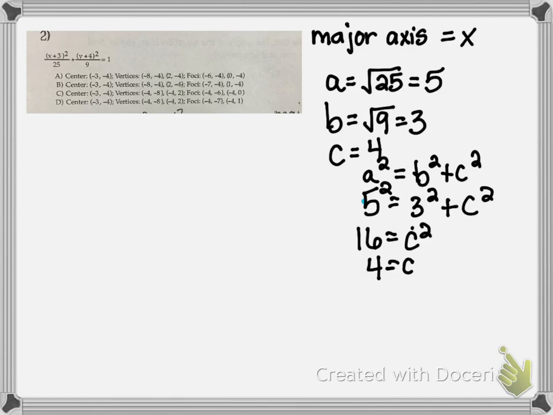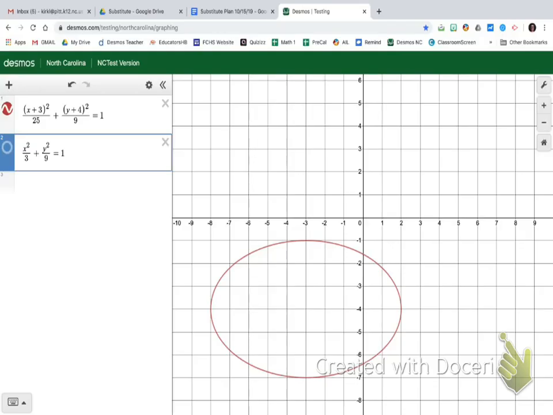Alright, so I'm actually going to go back to my graph, and when I originally had this, we had our major length here, which is our length of A. We had our minor length, which is my length of B, and what we just found was the length of C. So C was that distance from the center to the actual foci.